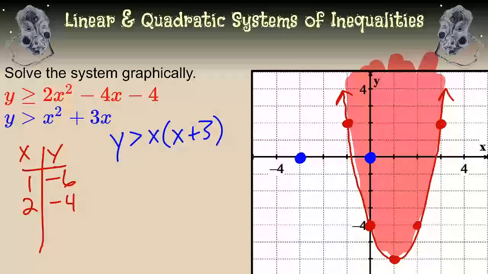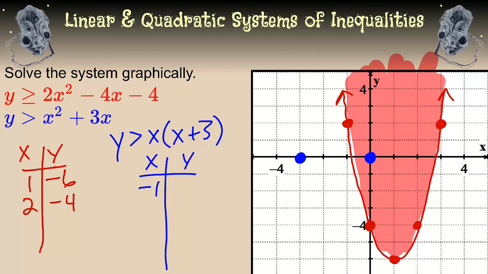The next thing I can do is I can pick a couple more points. I'm going to pick x equals negative 1 to find the y value. So when I plug negative 1 in there and there, negative 1 squared is 1 plus a negative 3. That's going to be negative 2. So I have a negative 1, negative 2.